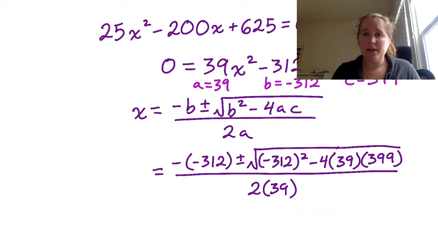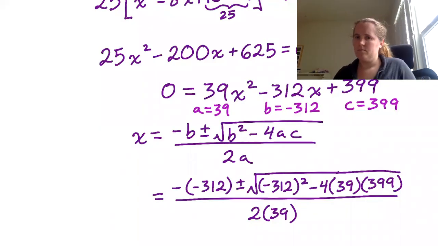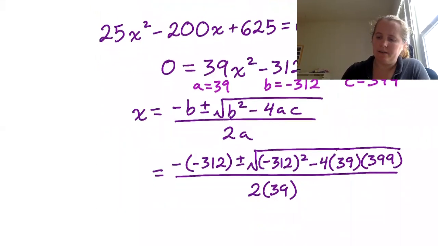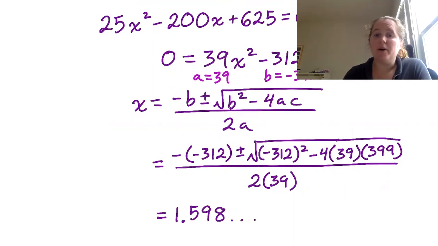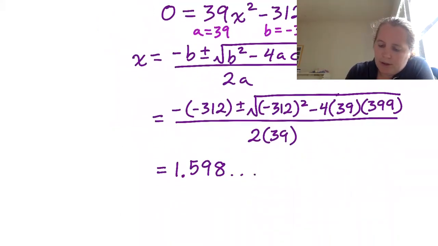And we wind up getting, for the x value between 0 and 4, that x is equal to 1.598, approximately, is the one that we care about. So this is where the derivative was equal to 0. We also need to find where the derivative is undefined. That means we're just looking at where that denominator would have been 0.